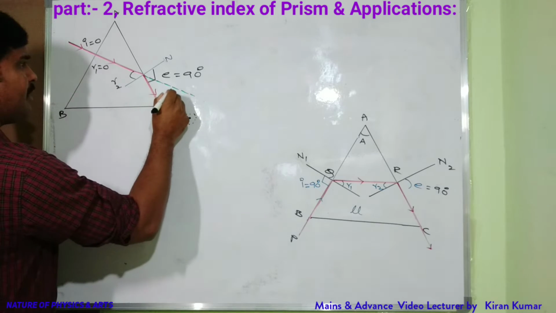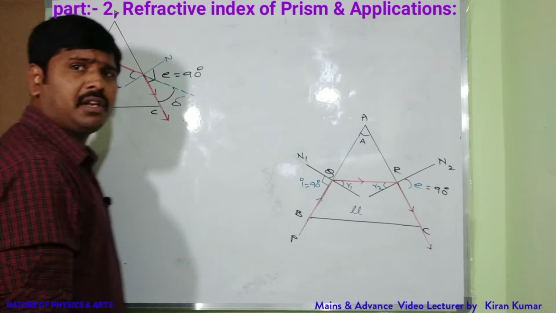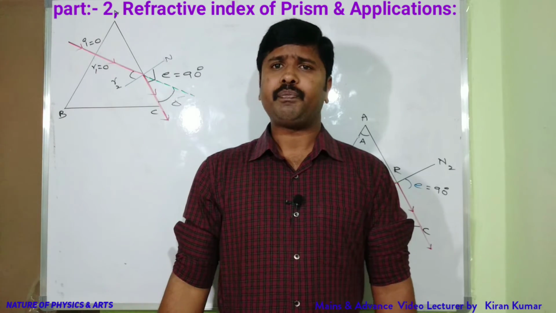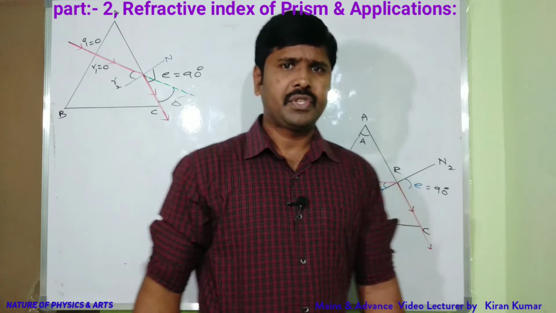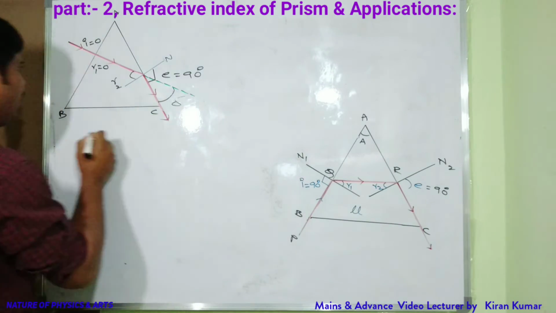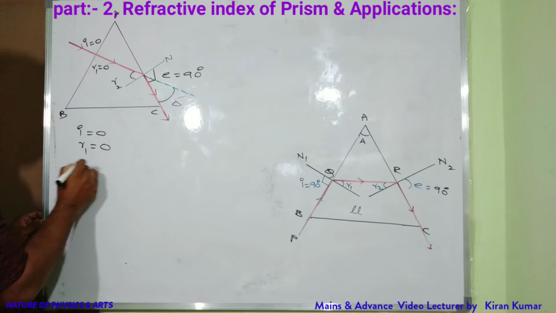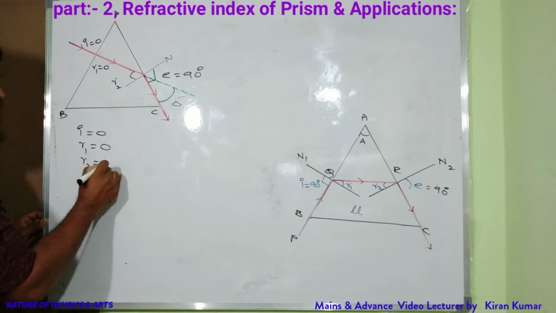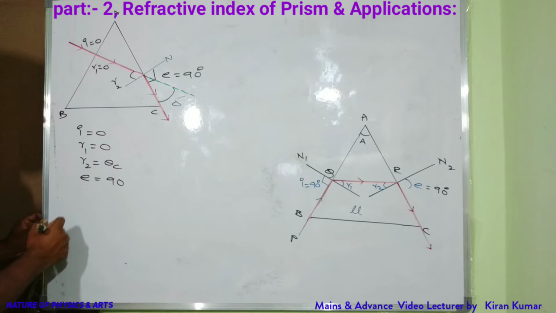And this is the deviation angle, delta. Delta is the deviation angle. Okay, so now we can find the relations step by step. Here i is equal to 0, r1 is equal to 0, r2 is equal to the critical angle theta C, and e is equal to 90 degrees.